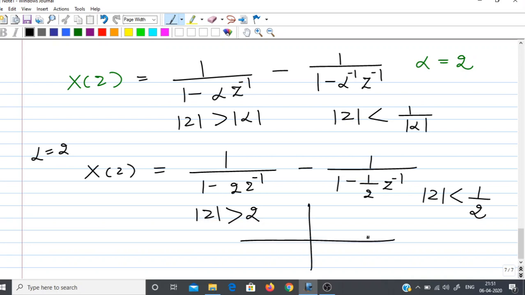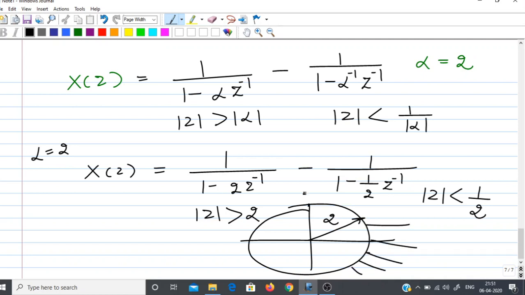Why? I have to draw a circle of radius 2, and the ROC is the exterior of this circle. This black region corresponds to the ROC of the first component. For the second series, the ROC is the interior of the circle of radius half. You can see there is no region where the black and green colors are together.